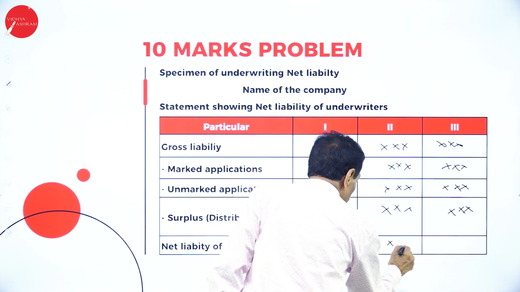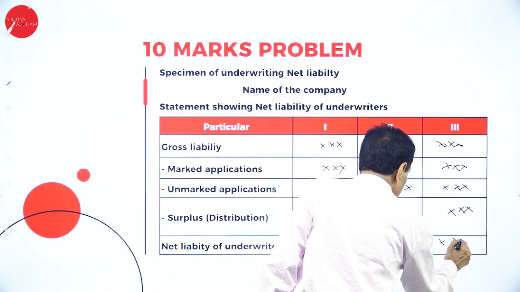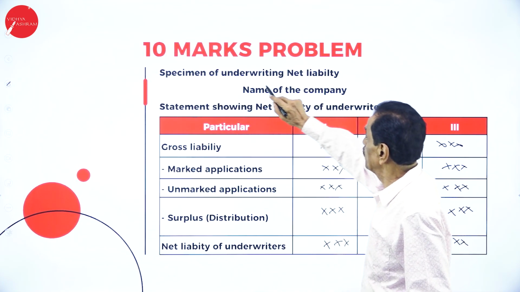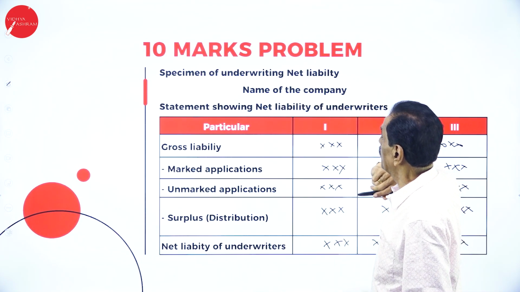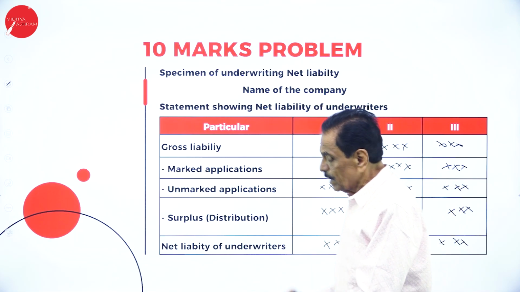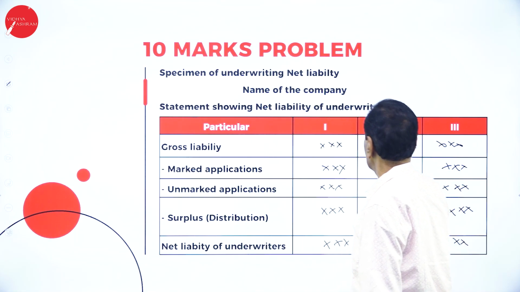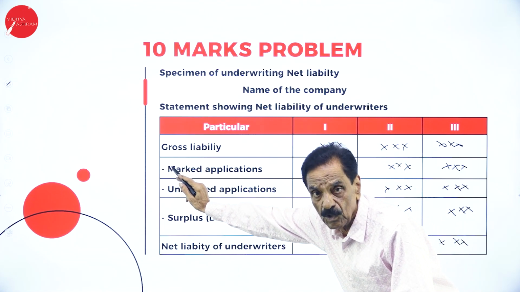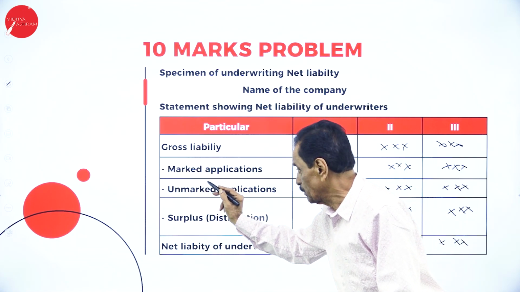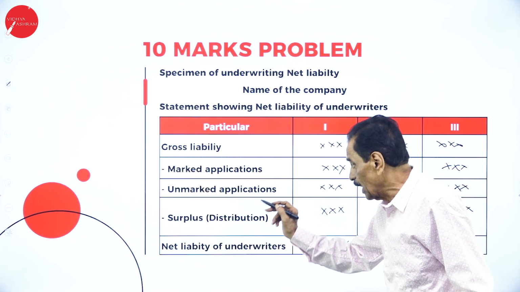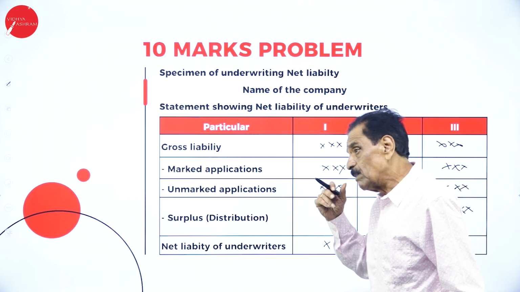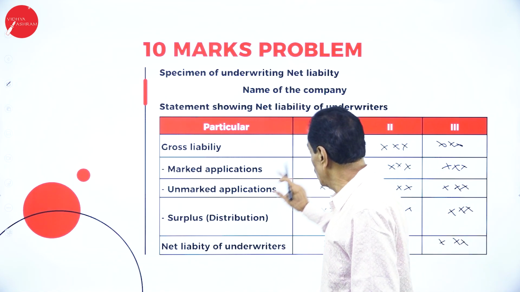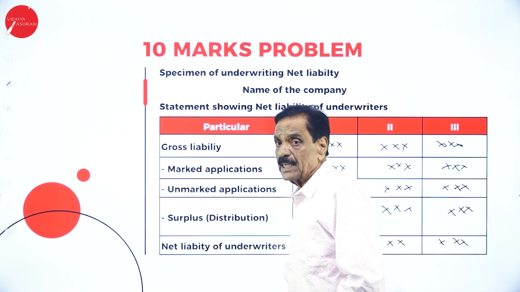This is the proper format. Specimen of underwriting net liability, name of the company, statement showing the net liability of underwriter. How to write? First gross liability minus marked application, next unmarked application. Whatever surplus comes should be distributed. The difference is net liability.